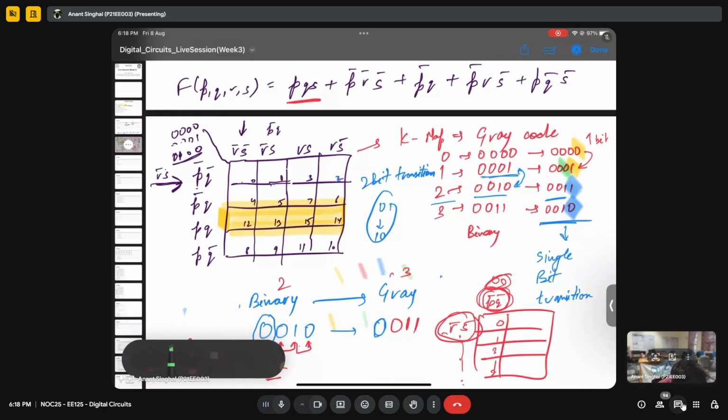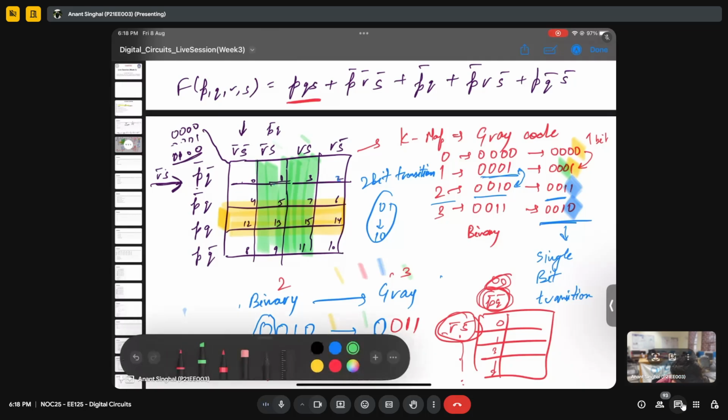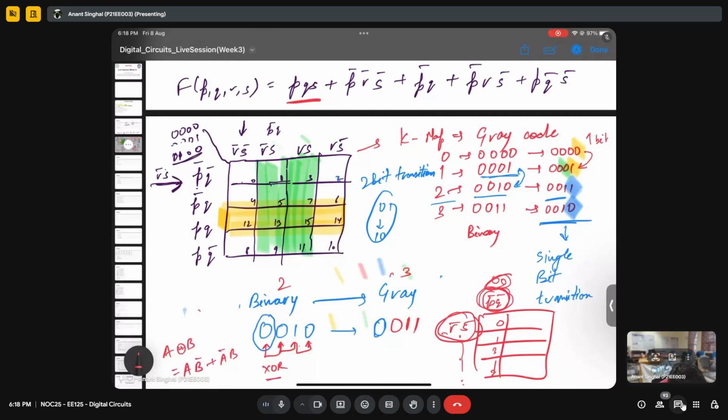Then the third term is S. Now the S is here and here. So if I try to make boxes, this will be S, right? Now wherever the intersecting terms are, we need to just fill them with 1. So the PQS is nothing but 1, 1, 1, 1.